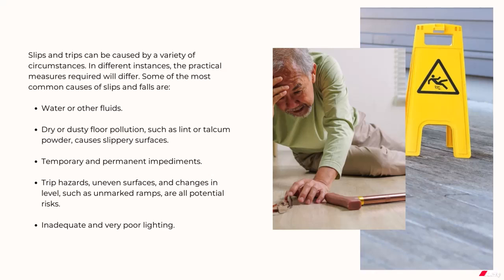Some of the most common causes of slips and falls are water or other fluids, dry or dusty floor contamination such as lint or talcum powder causing slippery surfaces, temporary and permanent obstructions, trip hazards, uneven surfaces, and changes in level, such as unmarked ramps, are all potential risks. Inadequate and very poor lighting.